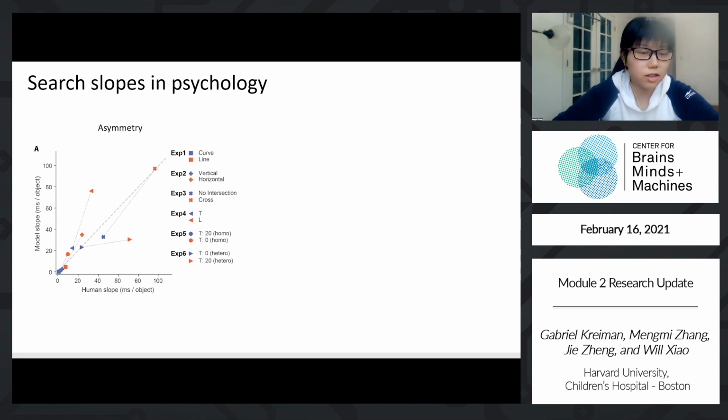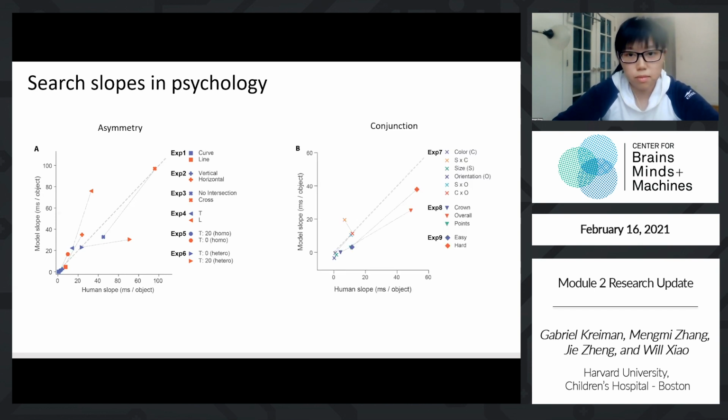The dashed line indicates the identity line, and the dotted line joins the 2 conditions from the same experiment together. Most of the markers are lying around the identity line. That means it has a high linear correlation value, and it seems the humans and the model match pretty well.